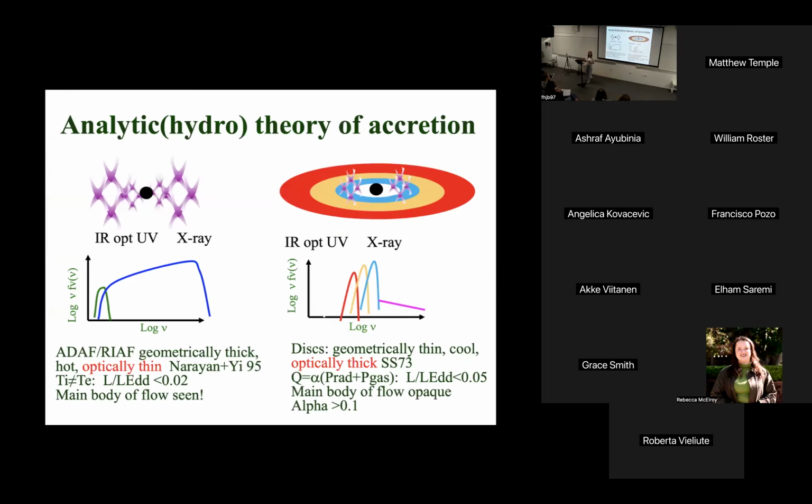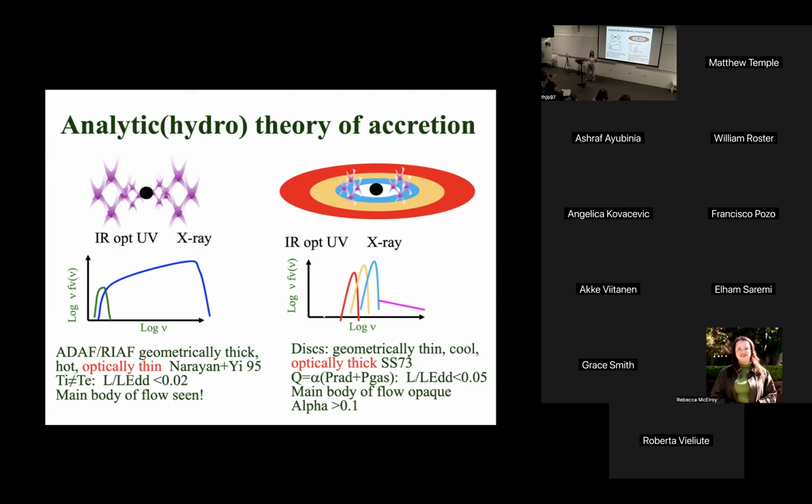And so the easiest way to interpret this is that it's not a geometrically thin, optically thick accretion disk. It's one of these hot flows. Advection-dominated accretion flows are the most famous version of this, radiatively inefficient accretion flows.